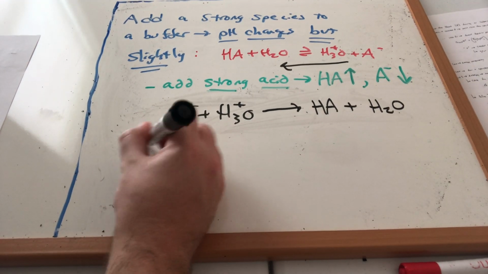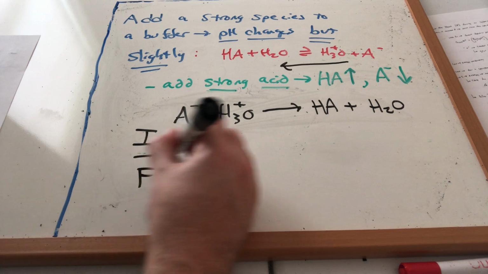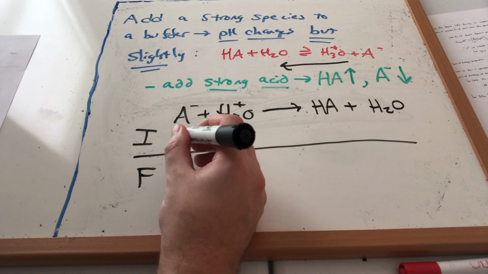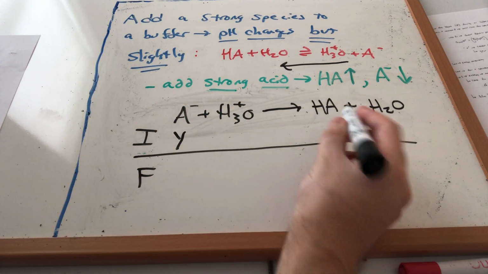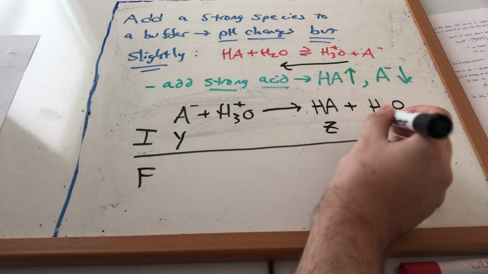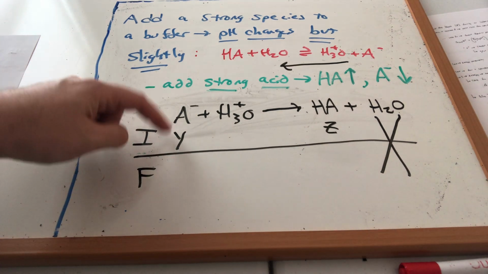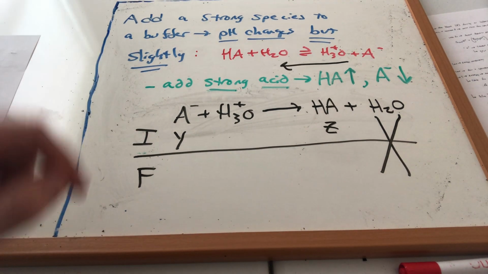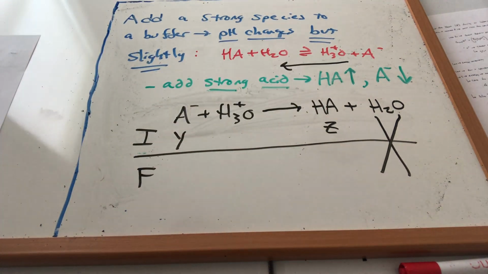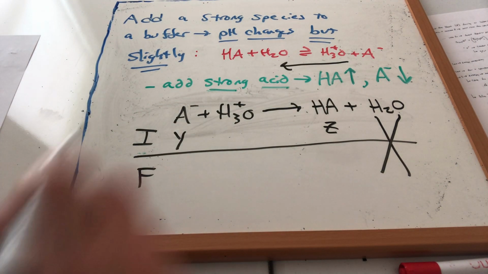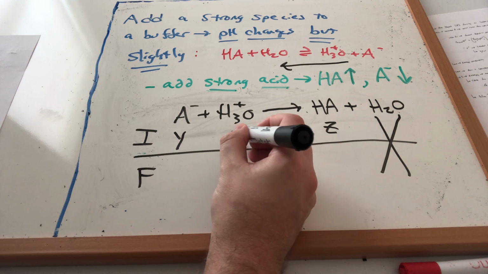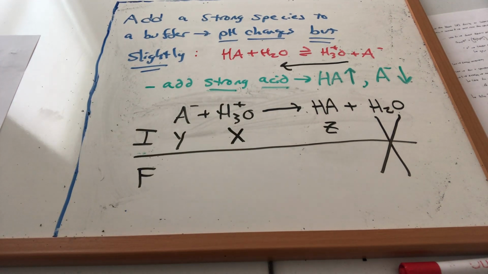Well, if I had an initial amount of A minus that I'm just going to call Y, and an initial amount of HA that I'm going to call Z. Remember, ICE tables are for organization of moles. So if I have Y moles of A minus in there, and Z moles of HA, and to that reaction I add X moles of H3O plus.